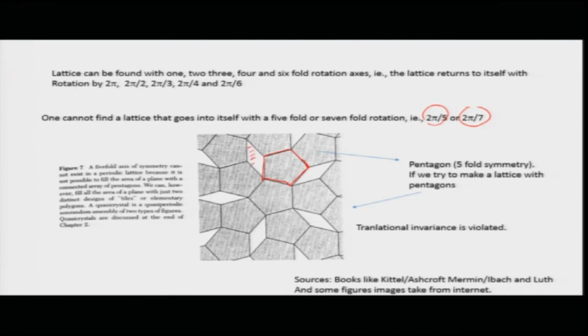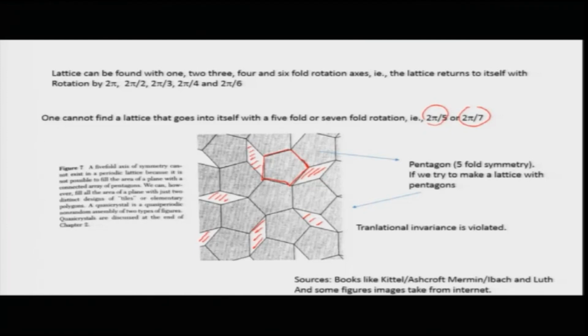You can see that there are areas which remain vacant, with voids. So, a structure which has 2 pi by 5, or 5-fold rotation symmetry, you cannot make into a lattice by using it. Similarly for 7-fold symmetry, they do not cover the space without leaving gaps inside the system.